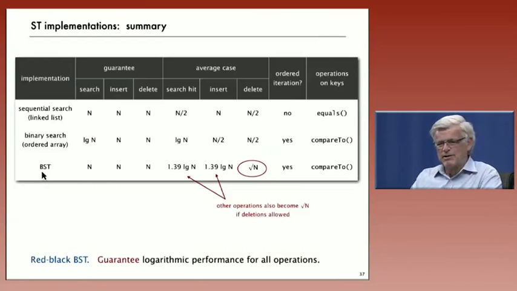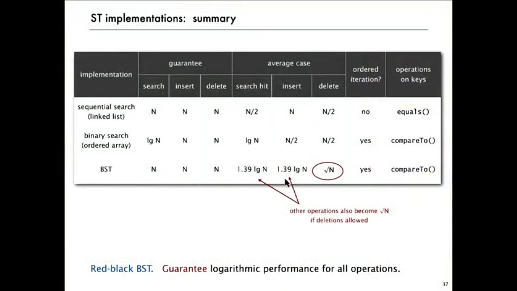We have a binary search tree algorithm which is fine in that it gives us log n performance for search and insert in a situation where we can think that these things are happening randomly. But we're kind of stuck if we allow delete. In fact, everything degenerates to square root of n. And we also have the problem with the worst case. If the keys happen to have some order in them, our trees are not going to be balanced at all.